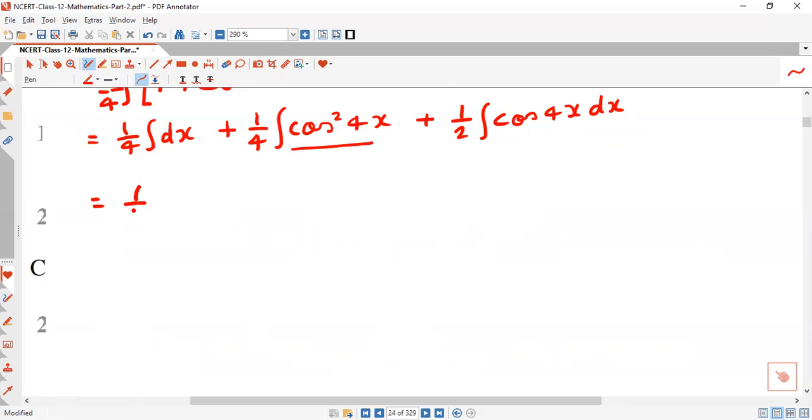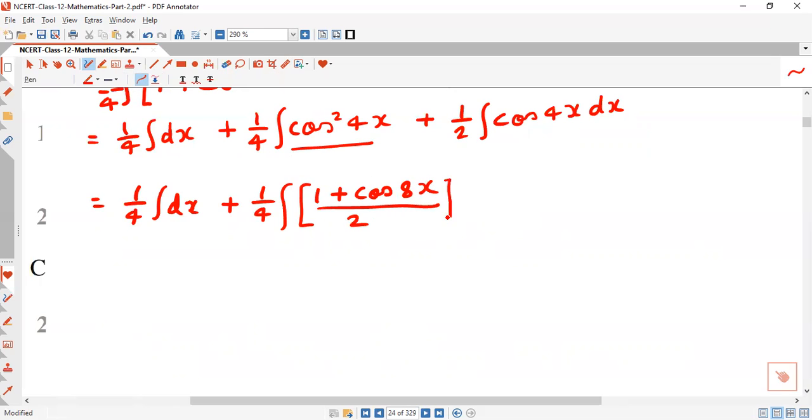So we are getting 1 by 4 integration of dx plus 1 by 4 integration, put the value here, 1 plus cos 8x by 2 dx plus half integration cos 4x dx.